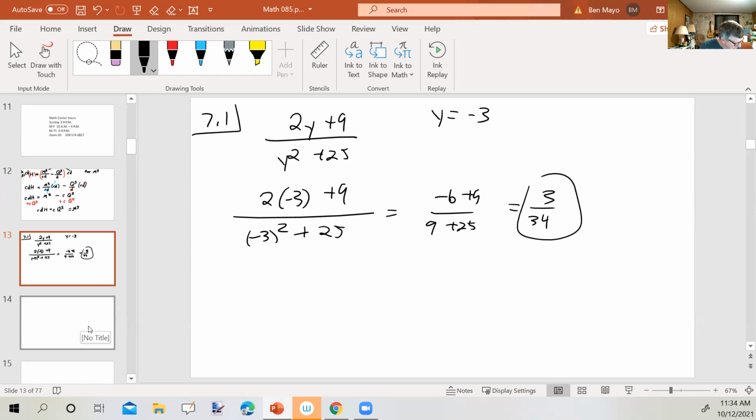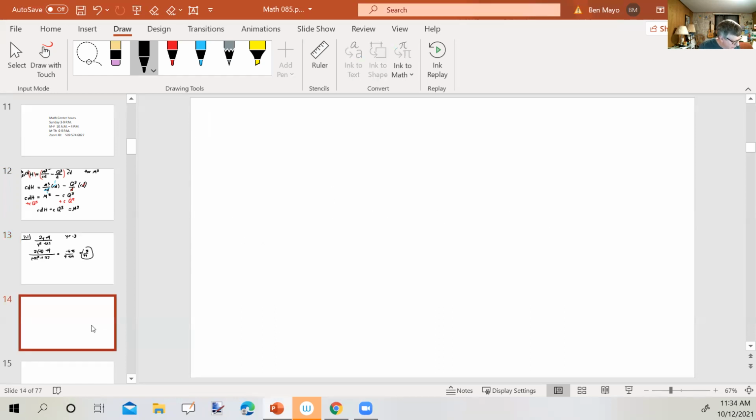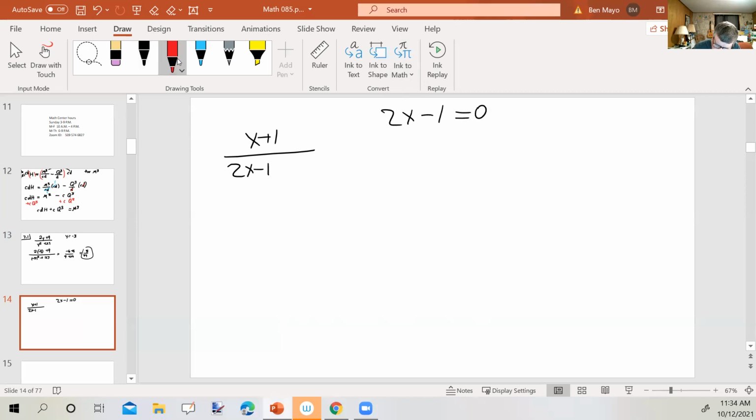Then it says, find all real numbers for which a rational expression is undefined. And let's say we had something like this, x plus 1 divided by 2x minus 1. Well, when would this thing be undefined? When the denominator is 0. So we're going to take 2x minus 1 and set it equal to 0 to find out what value of x would make this thing undefined.